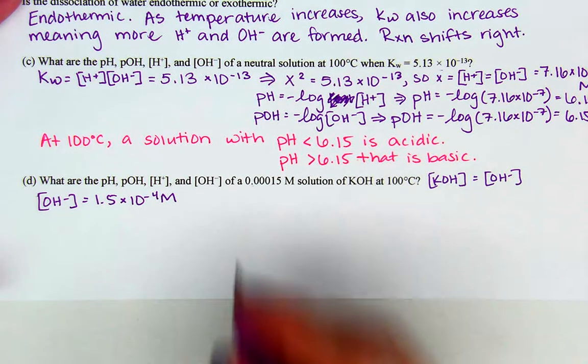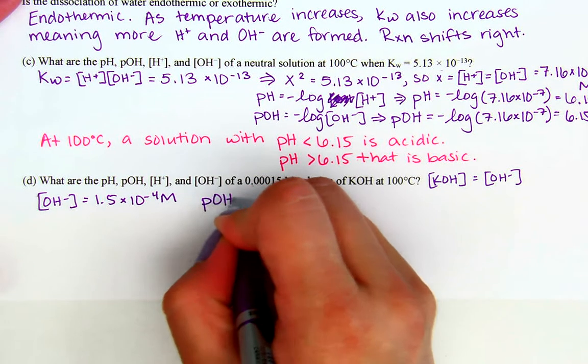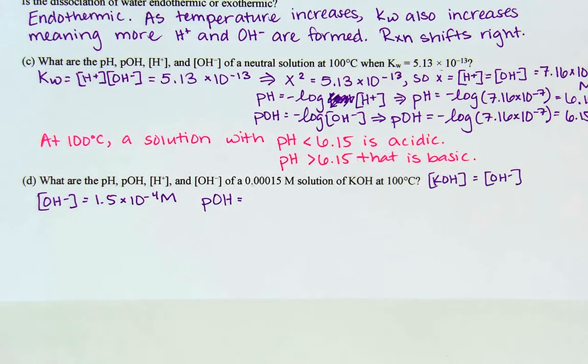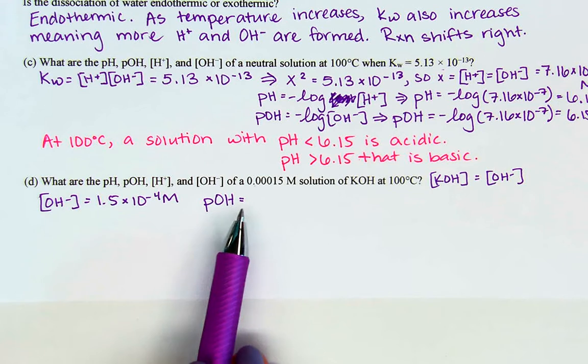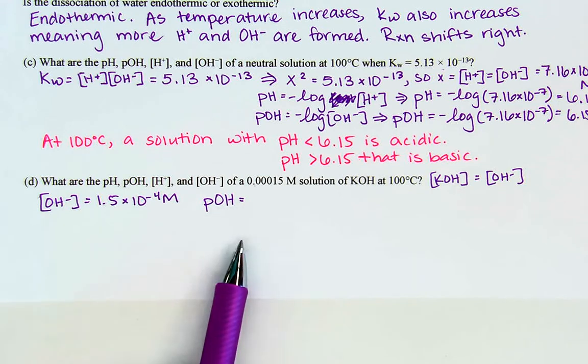Okay, pOH, using our formula. Actually here, I'd like you to go ahead and pause the video and see if you can get the rest of the way. You're given the hydroxide ion concentration, get pOH, then pH, and then the concentration of hydrogen ions. Go ahead.